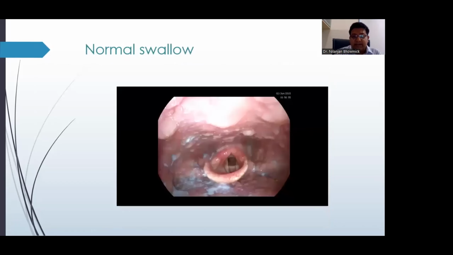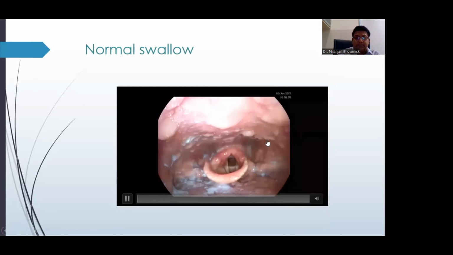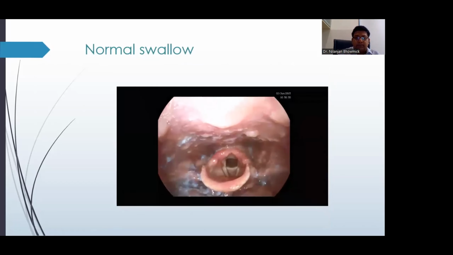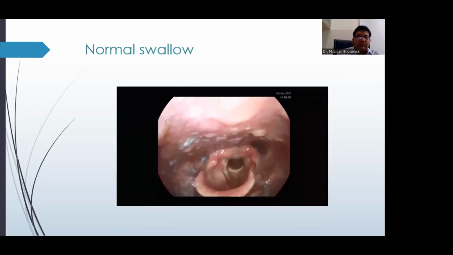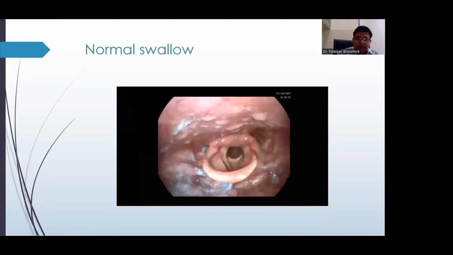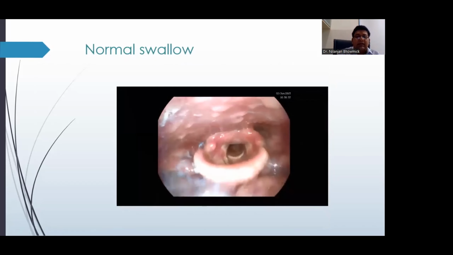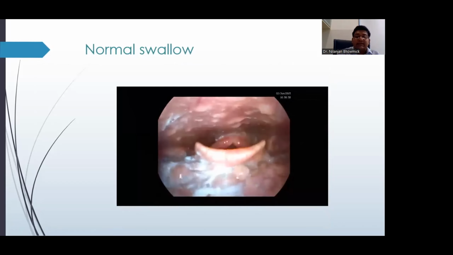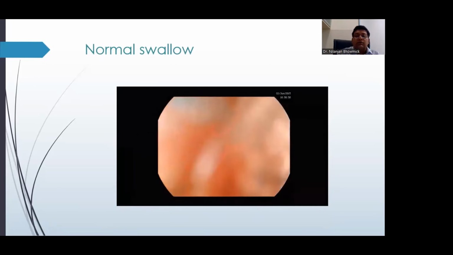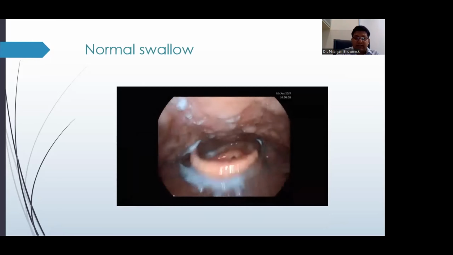When we keep the endoscope in the nasopharynx, just behind the uvula, what can be visualized is somewhat like this. You see a bolus of food appearing over the base of tongue, and then a whiteout of sorts obscures our vision, and then it's gone.